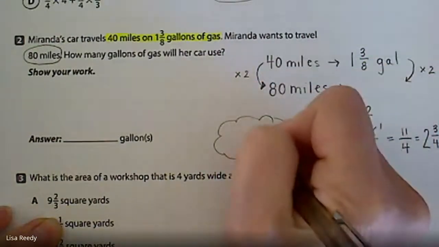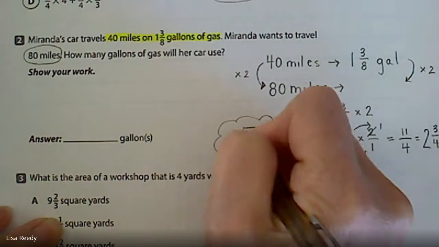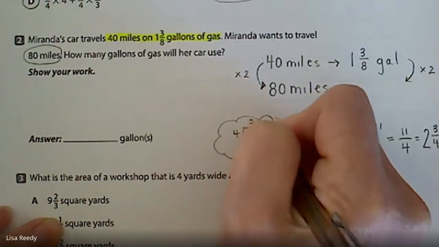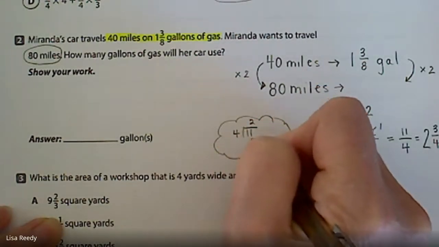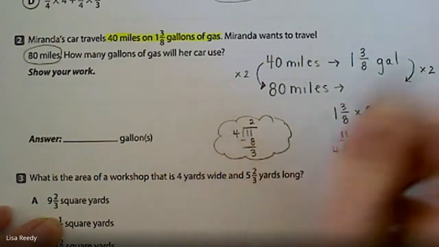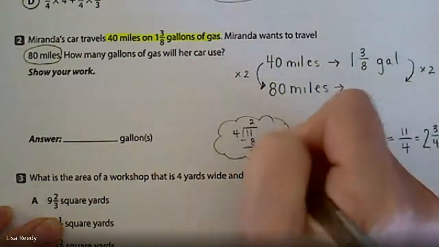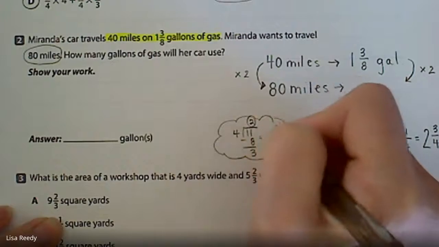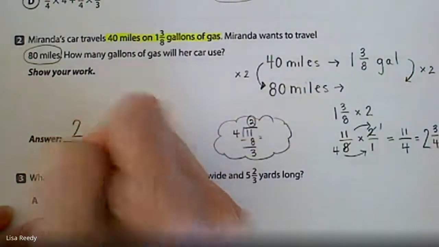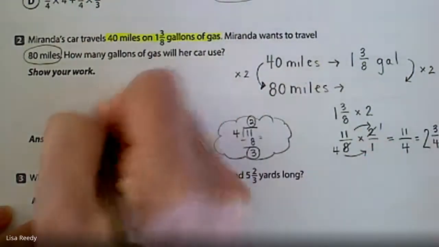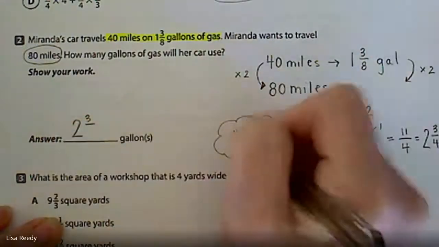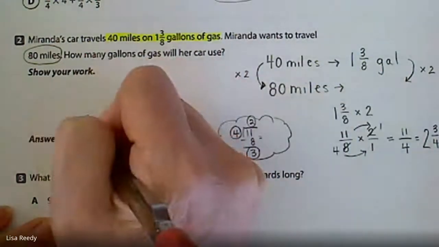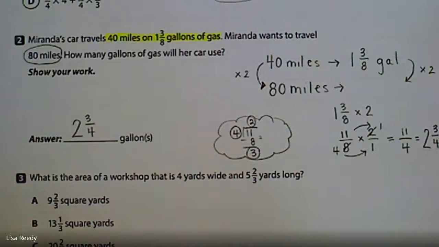I have 11 divided by 4. 4 goes into 11 2 times. 2 times 4 is 8. Subtract, I get 3. So my whole number is 2. I'm going to put that over here. I have 3 left over. I'm going to put that in my numerator, and I'm dividing by 4. 2 3/4 gallons you will need to go 80 miles.